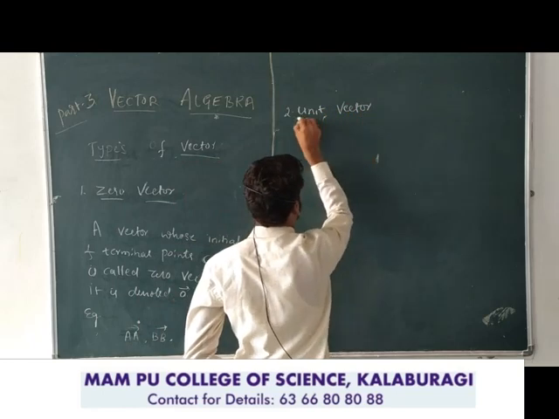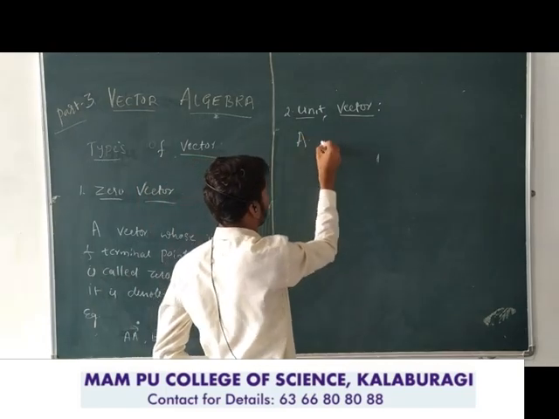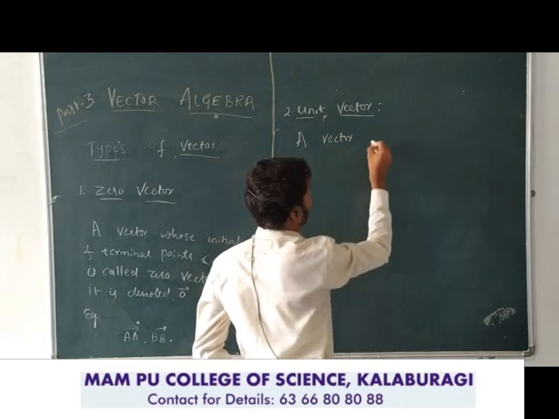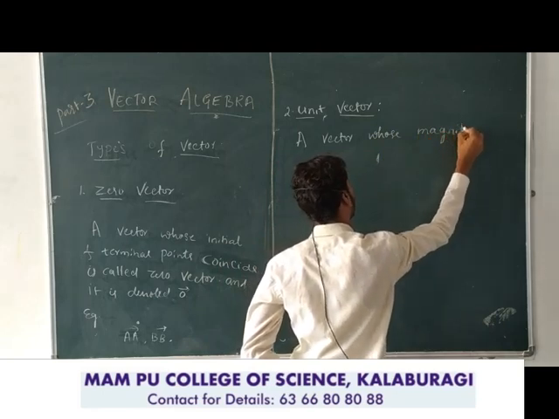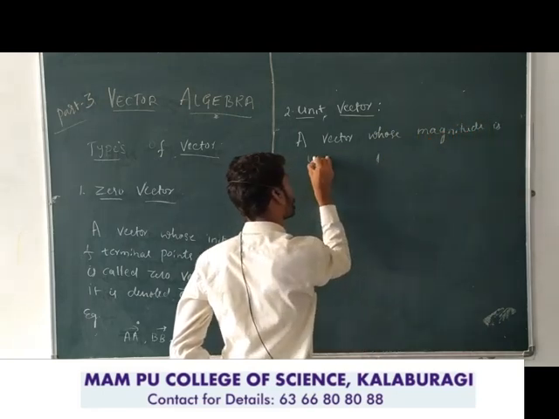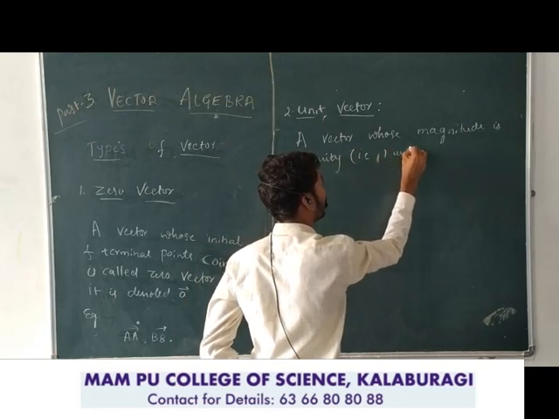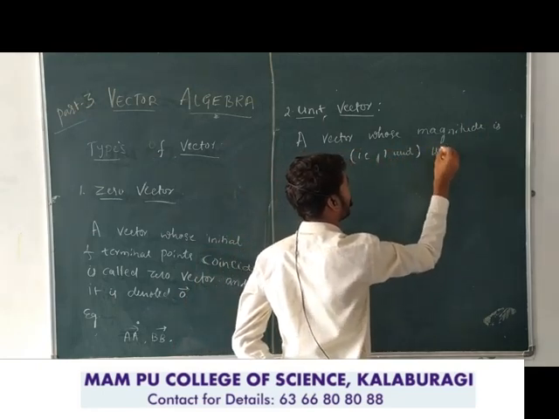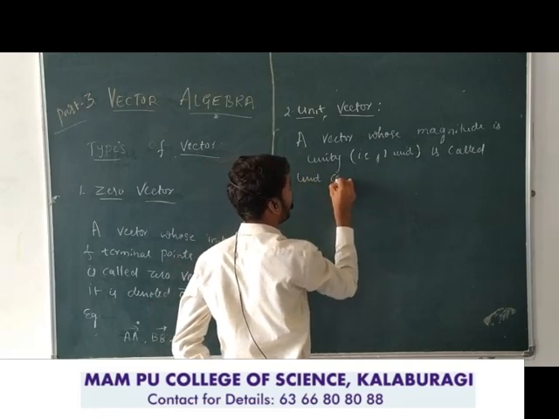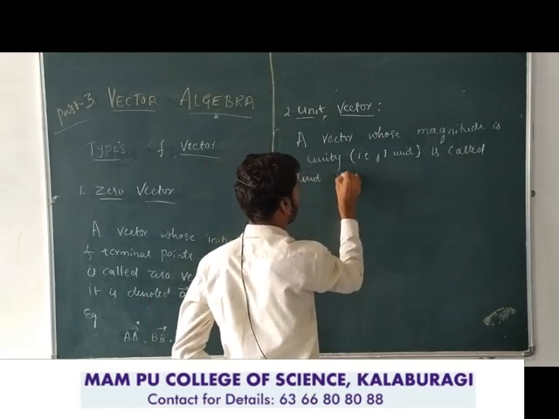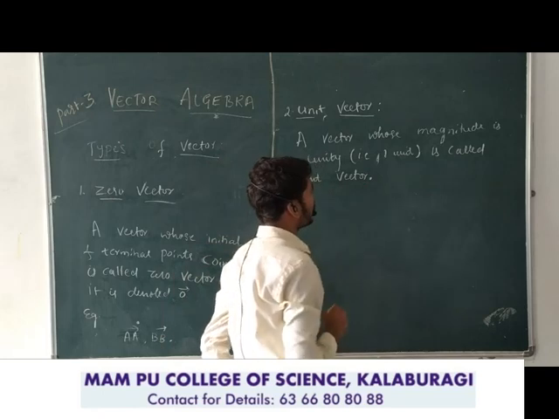Unit vector means a vector whose magnitude is unity, that is 1 unit, is called a unit vector.